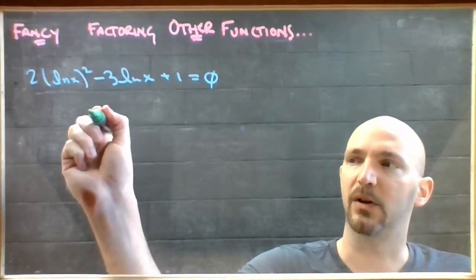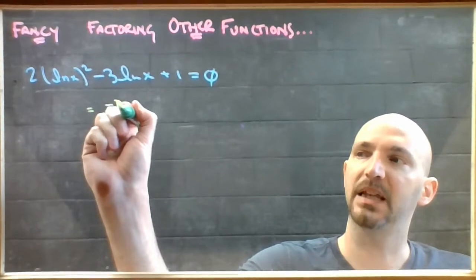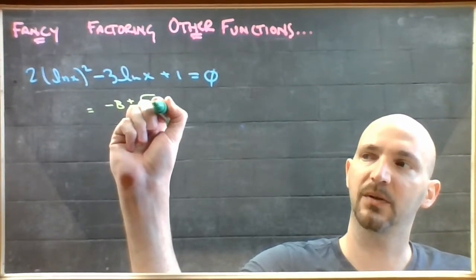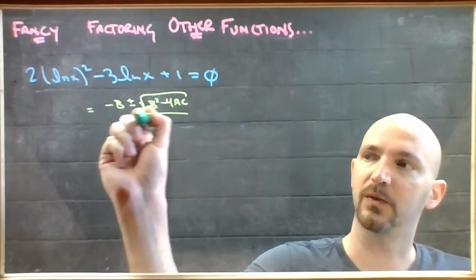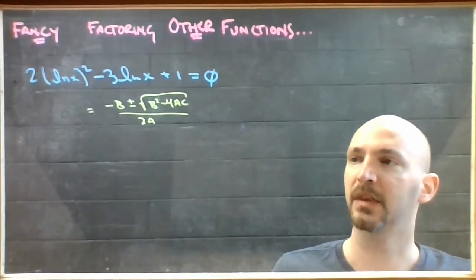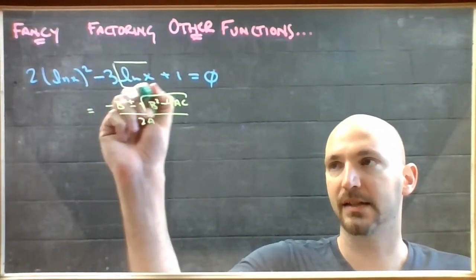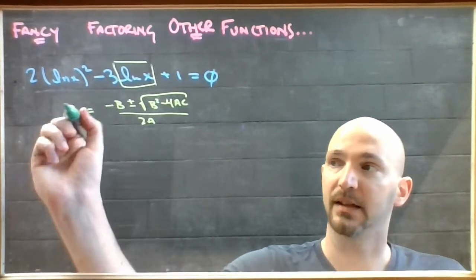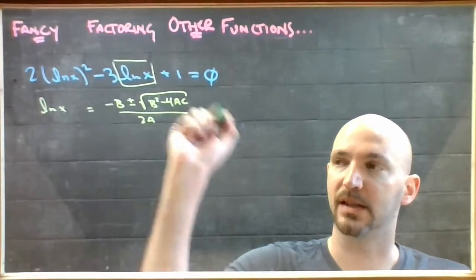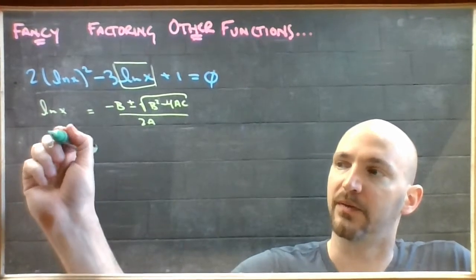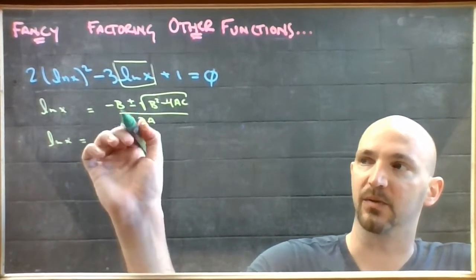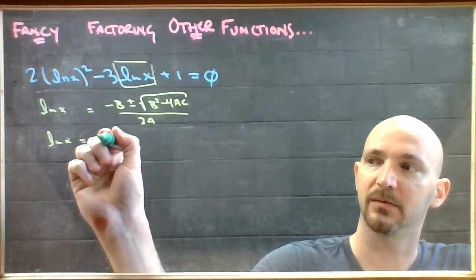So my quadratic formula is negative b plus or minus square root of b squared minus 4ac all over 2a. And because ln x is the thing that's driving this, it'll be ln x equals that instead of just x. So if I fill all these numbers in, ln of x would be negative 3, which is just 3.